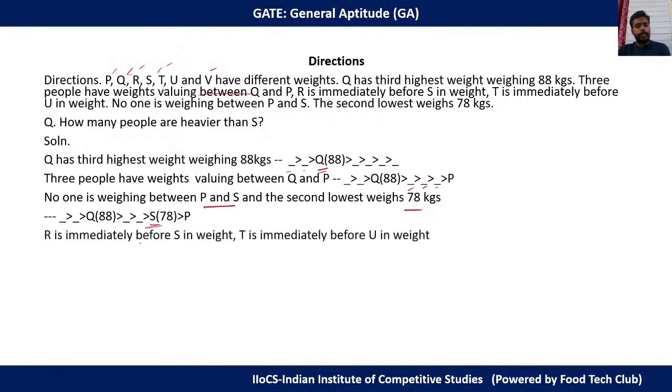Next is R is immediately before S in weight. Okay, जो R है is immediately before S. अब S मुझे मिल गया, इसके पहले R होएगा. Simple. T is immediately before U in weight. So how we can write it? This way we can write it. ठीक है?